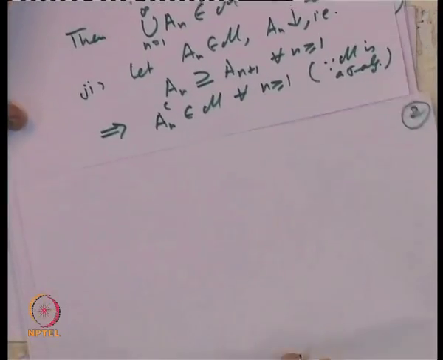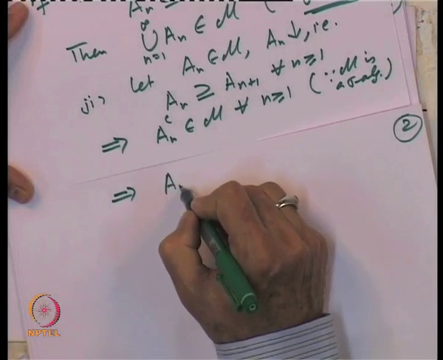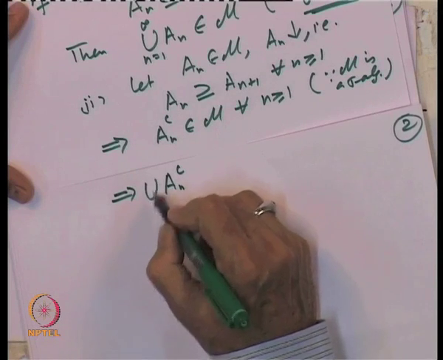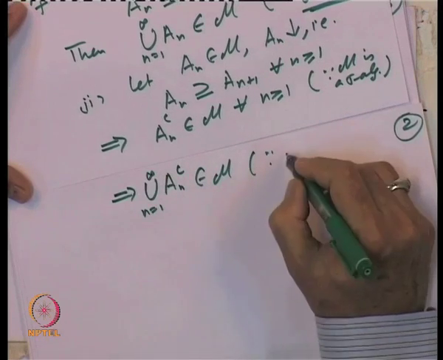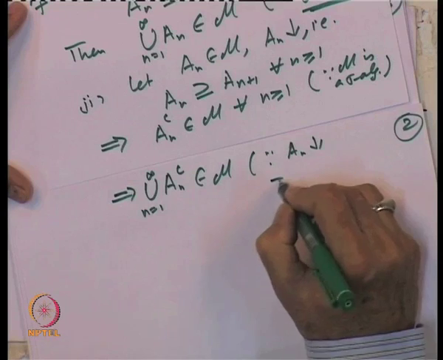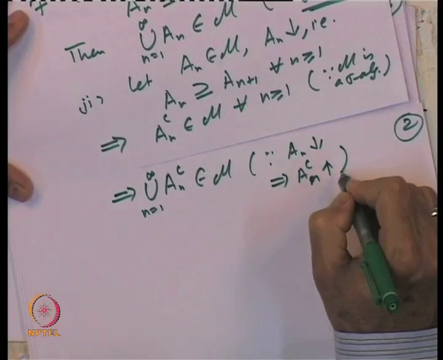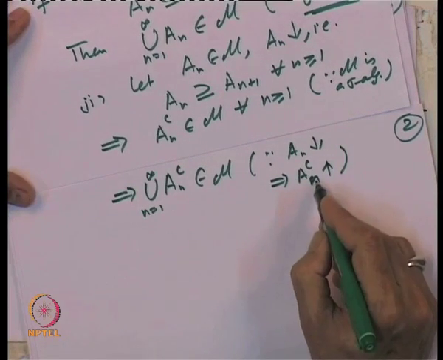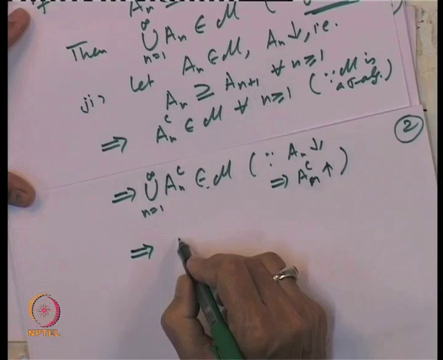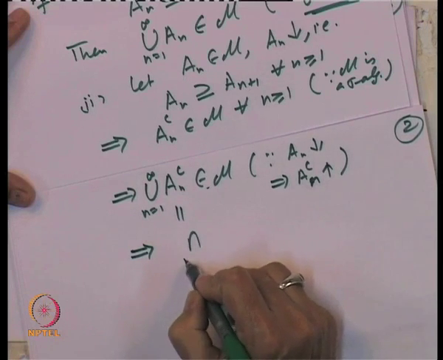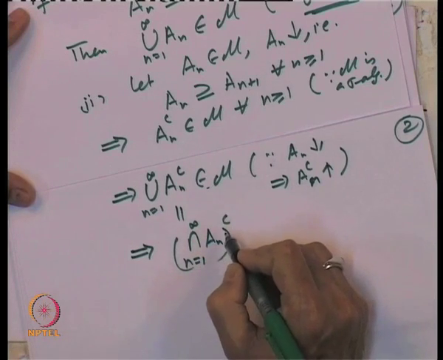So, the union of A n complements, n equal to 1 to infinity, belongs to M, because A n decreasing implies the sequence of A n complements will be increasing, and just now we saw that whenever a sequence is increasing, their union belongs to M. But what is this set? That is the complement of the intersection of n equal to 1 to infinity of A n, by De Morgan's law.